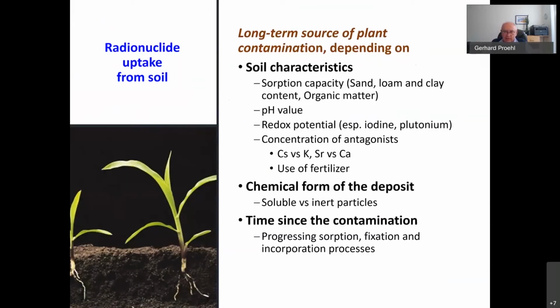This means this is a quantification of the amount of air, of oxygen, in the soil, and it also depends on the concentration of antagonists, for example, cesium versus potassium, etc. Important is also the chemical form of the deposit and the time since the contamination.